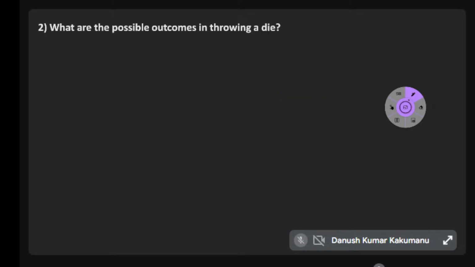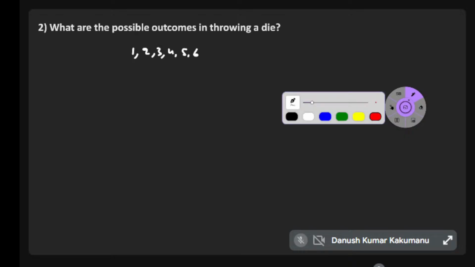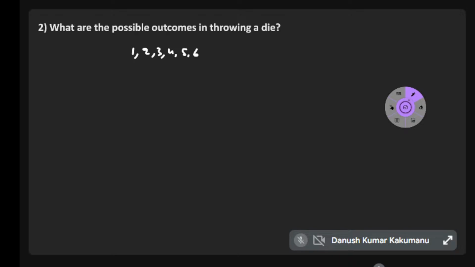What are the possible outcomes in throwing a die? 1, 2, 3, 4, 5, 6. Right.